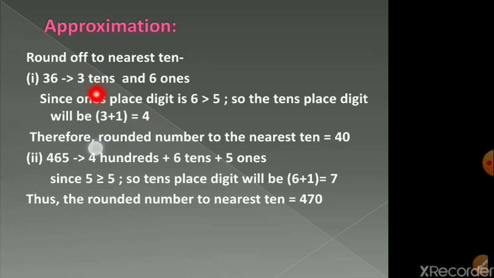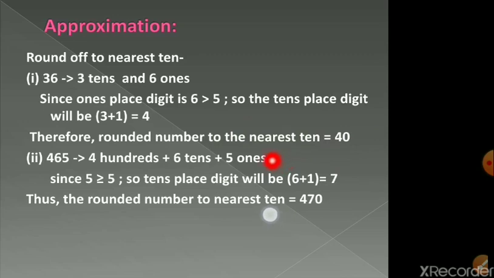So here in this question we have, in the tens place we have 3 and in the ones place we have 6. Now 6 is more than 5, so the tens place digit will become 3 plus 1, that equals 4. So the number after rounding off is 40. Next, 465.